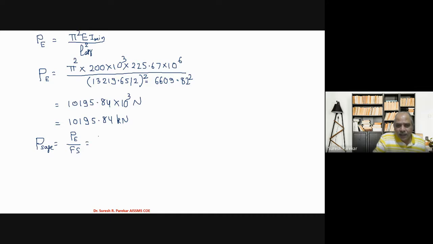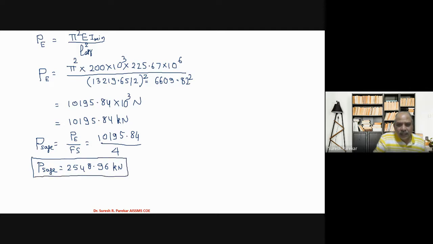PE we have 10195.84, and the factor of safety is given as 4, and from this we will get P safe equal to 2548.96 kilonewton. So this is our answer for the safe load for the given cross section.